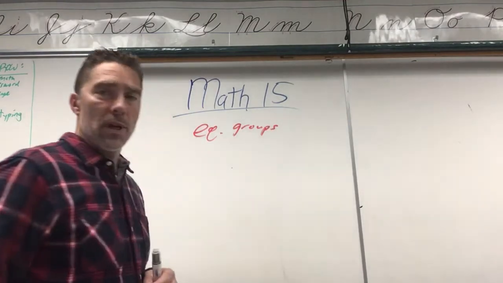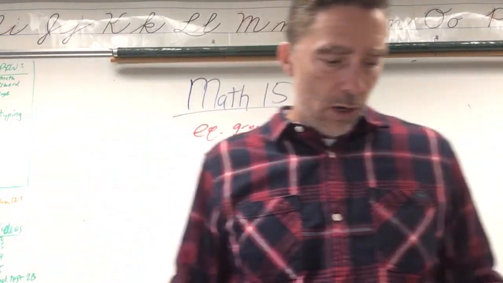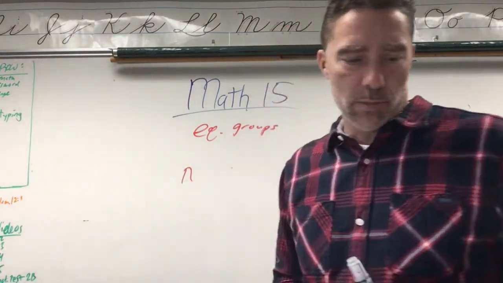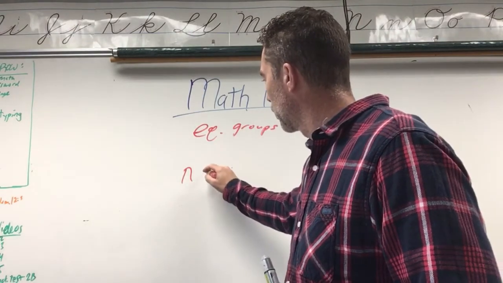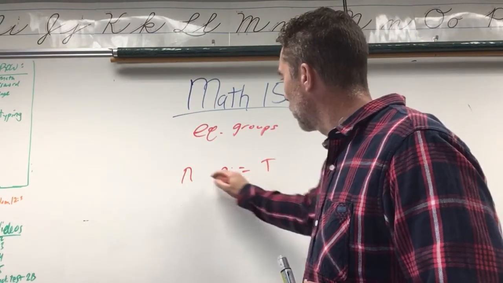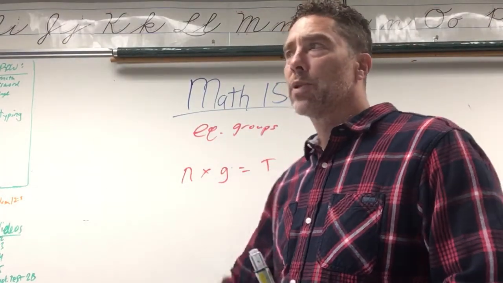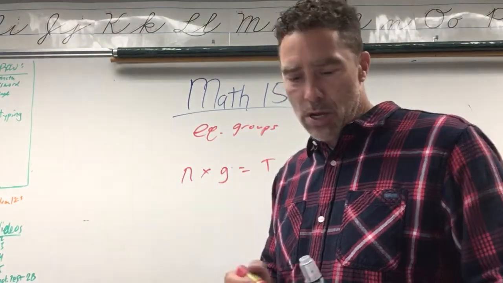we are multiplying. So we have one group, like the number of groups, and then we actually have the groups themselves, and we have a total. So you have 4 groups of 5 is a total of 20.